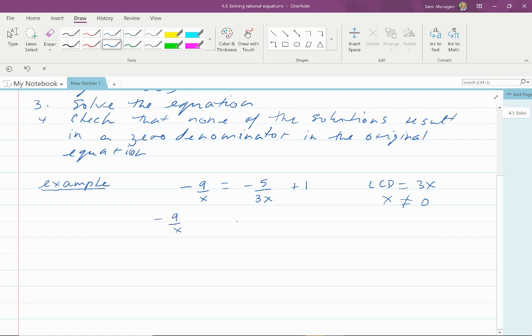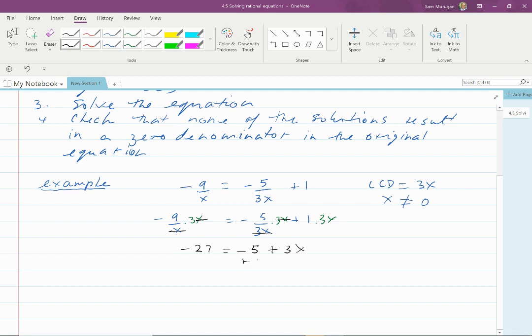So we're going to go ahead and follow the process here. Negative 9 over x equal to negative 5 over 3x plus 1. And then we're going to multiply each term by 3x. And now we can see that we're able to cancel 3x here, cancel the x here. And that leaves us with negative 9 times 3, which is negative 27. Negative 5 times 1, which is negative 5. And 1 times 3x is 3x.